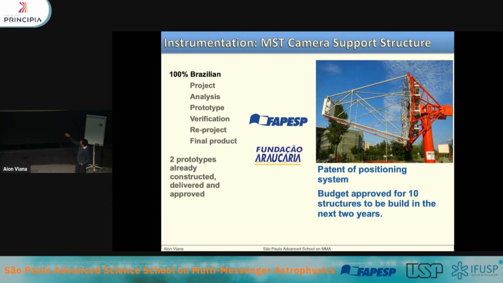The whole project analysis, prototype, verification, redesign, and final product was all done here in Brazil, in the state of São Paulo, together with industry. There are 2 prototypes already constructed, delivered, and approved. A patent came from this development, and now we already have budget approved for the construction of 10 of these structures, which will initially be built in the north and then in the south here in the next 2 years.